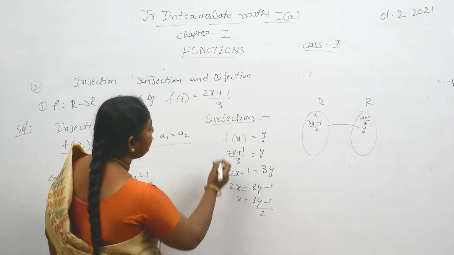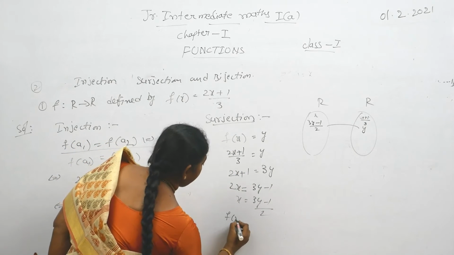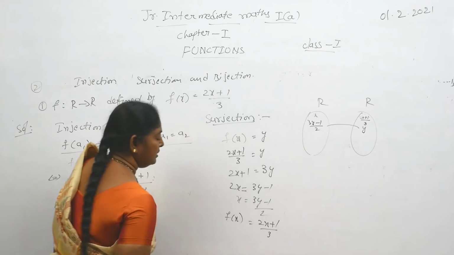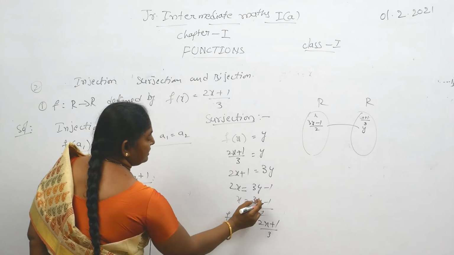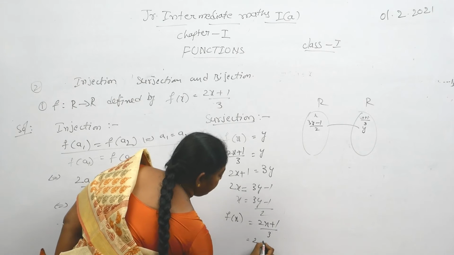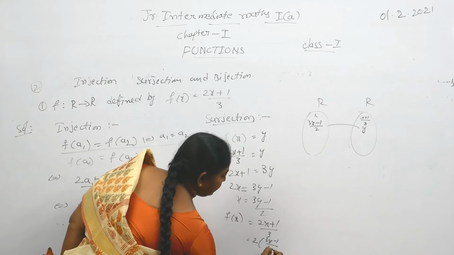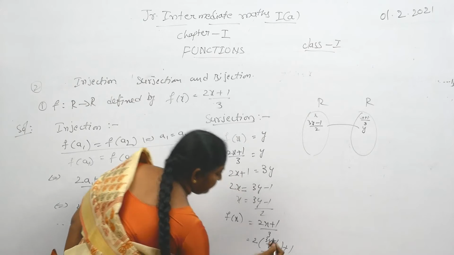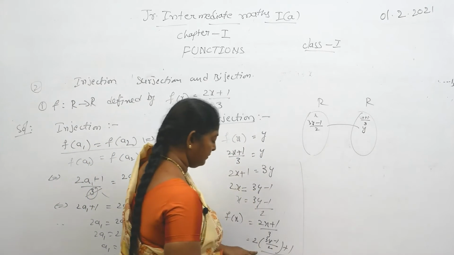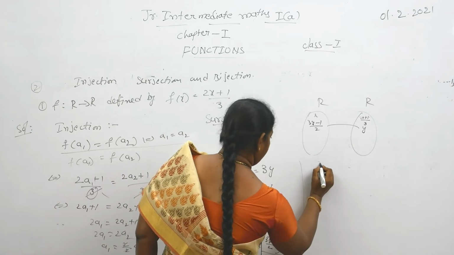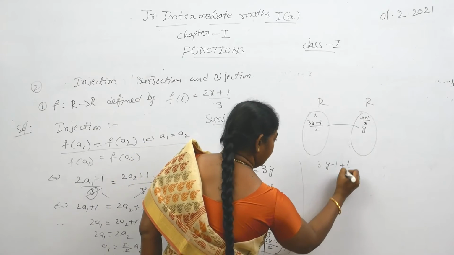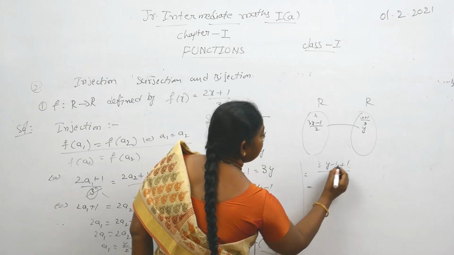So suppose f of x equal to (2x plus 1) by 3. Substitute the x value here. So 2 into (3y minus 1) by 2, plus 1, all by 3. Here the 2 gets cancelled. 3y minus 1 plus 1 by 3, the 1 cancels.